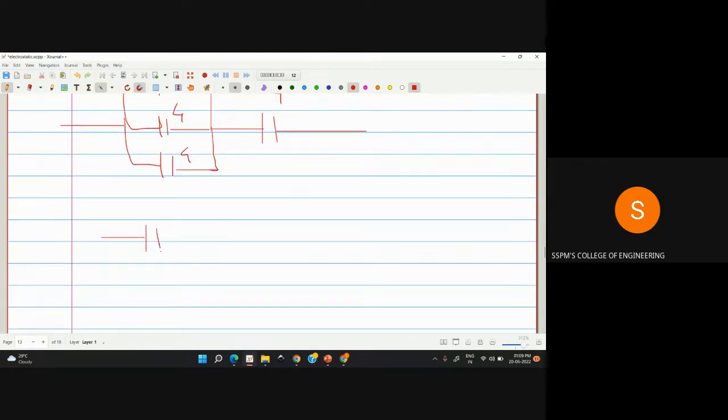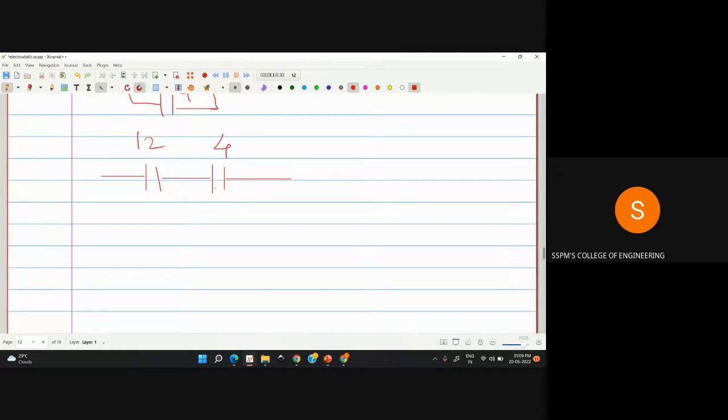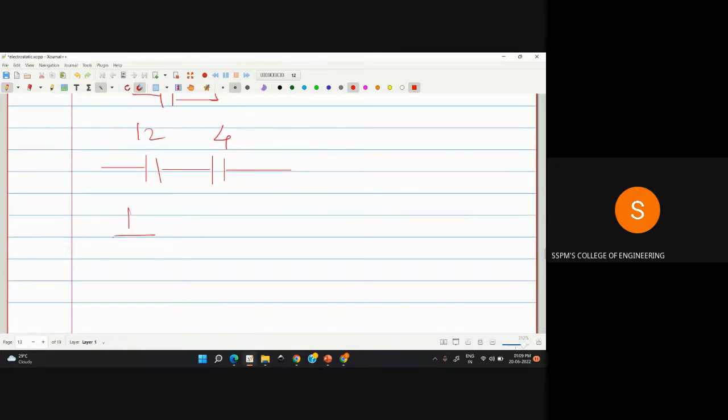So 12 microfarad in series with 4, isn't it? Now 12 is in series with 4, so 1 upon CS is equal to 1 upon 12 plus 1 upon 4.